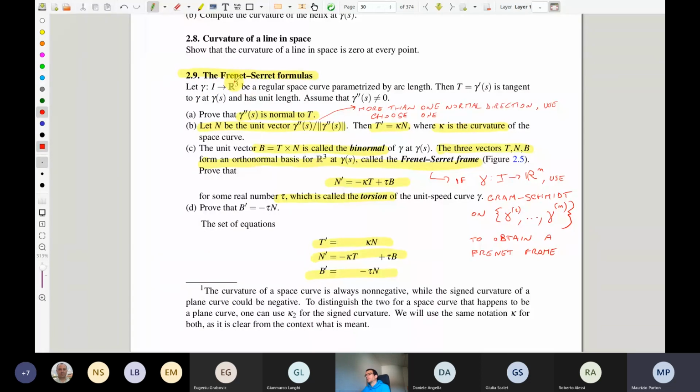If you take a curve in R3, when you take the derivative of the tangent vector you discover that this is normal to the curve; if you take again the derivative of the normal vector, you discover that you end in a different direction, a direction which is, of course, not dependent.